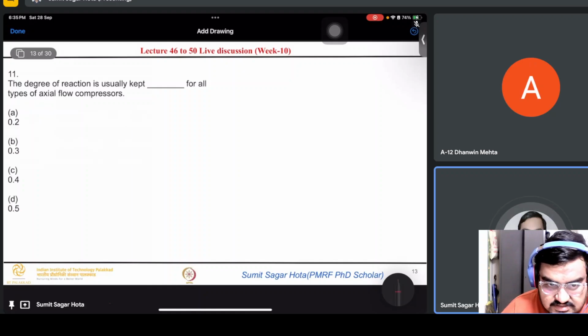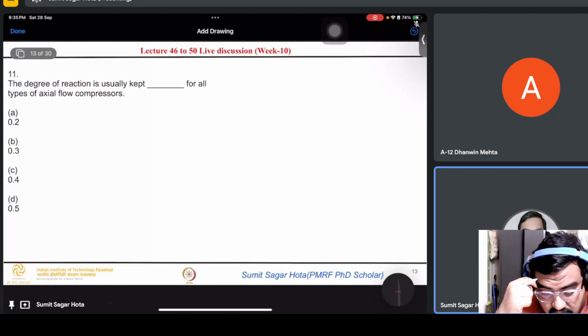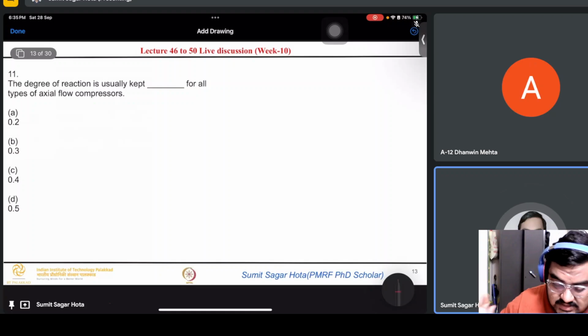The degree of reaction is usually kept dash for all types of axial flow compressor. Normally in general we take 0.5. If you don't know the actual condition, we will take 0.5. That is the average value.